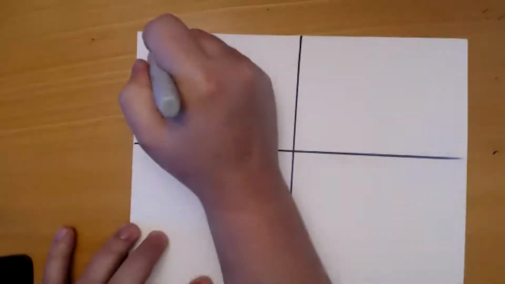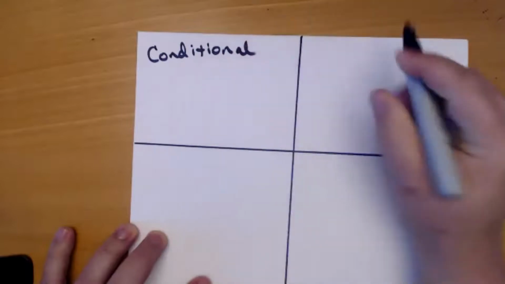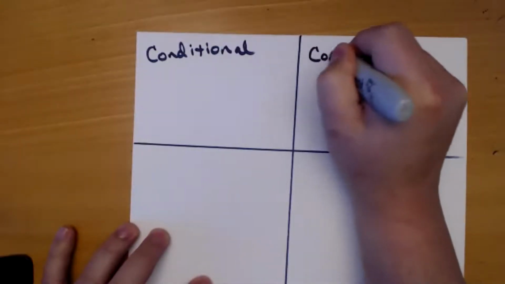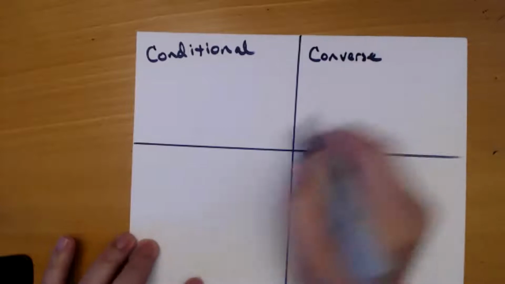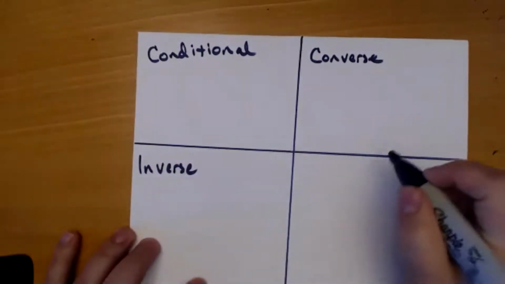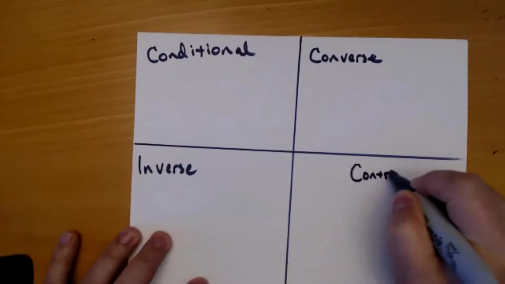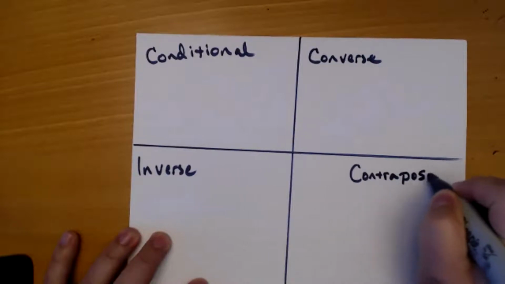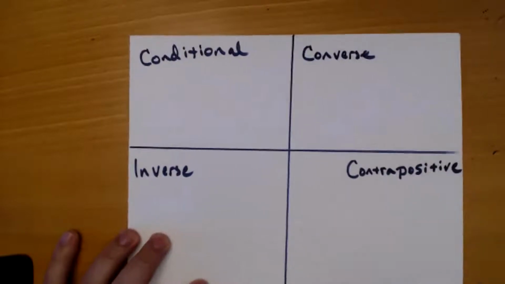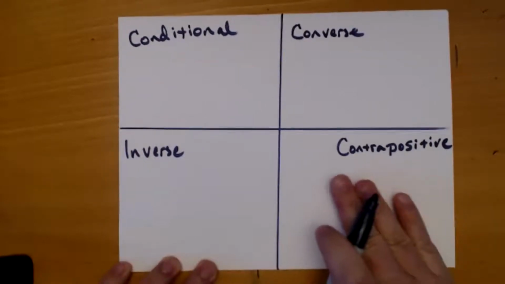Okay, so we've got the conditional. We have the converse. We have the inverse. And the last one that we're about to have in a second is called the contrapositive. I'm going to talk about this last because we haven't covered it yet.